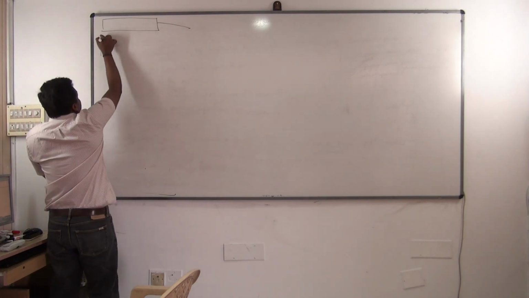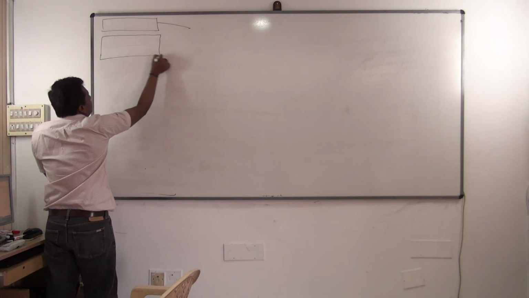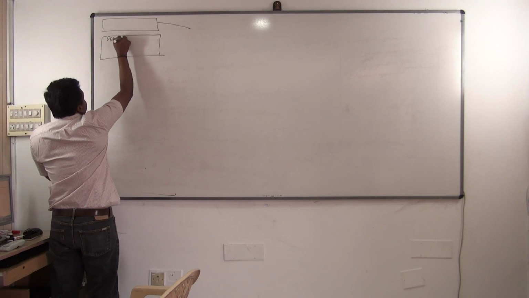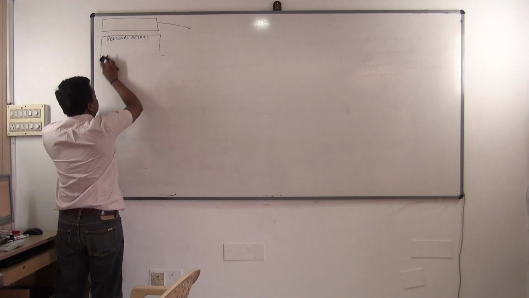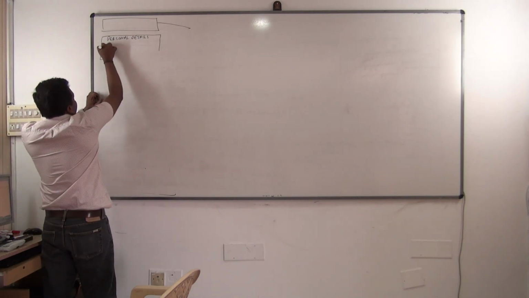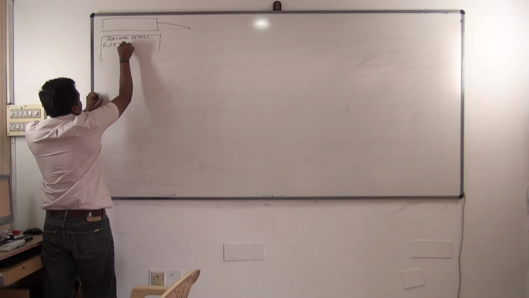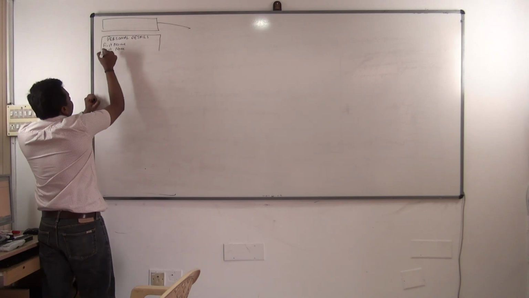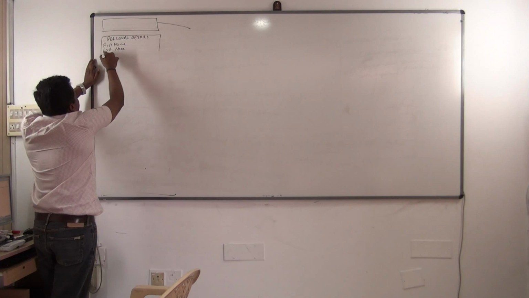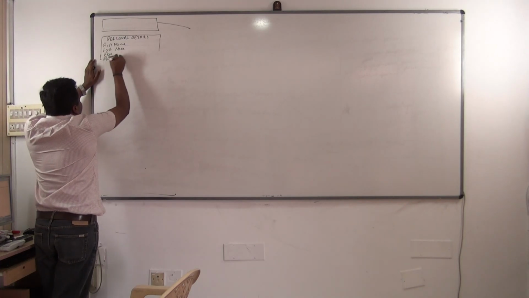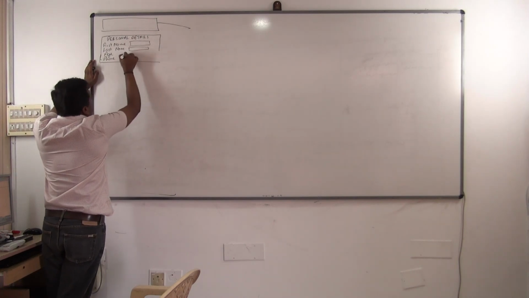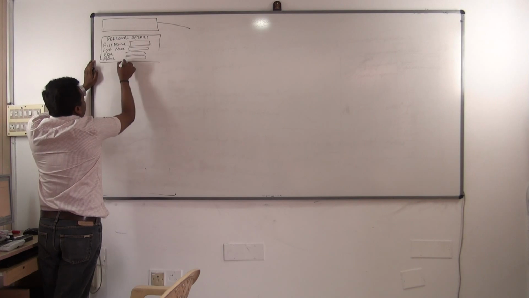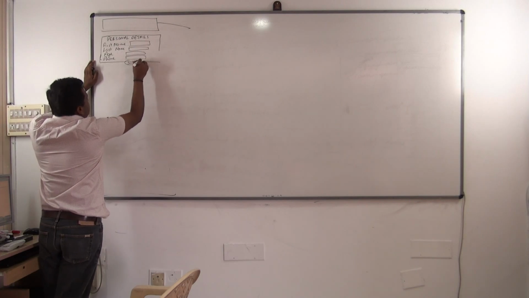This is a simple page where you will be asking the user to enter personal details. Personal details would be first name, last name, then age, phone. And the user will be clicking the submit button.